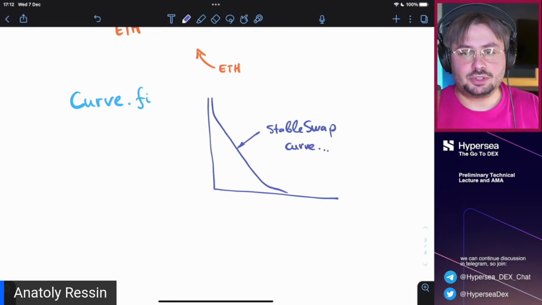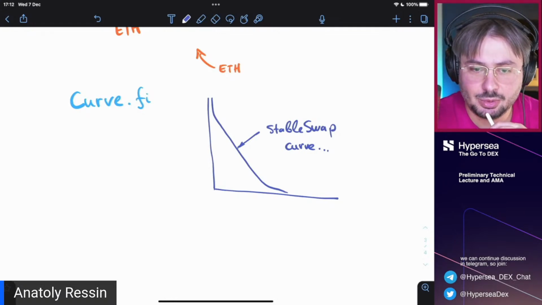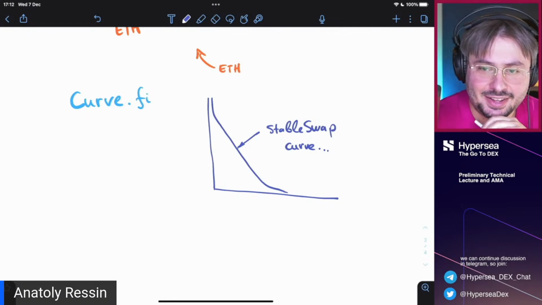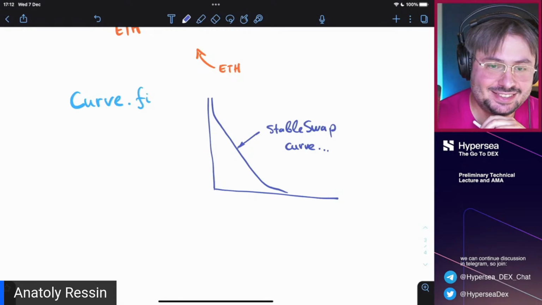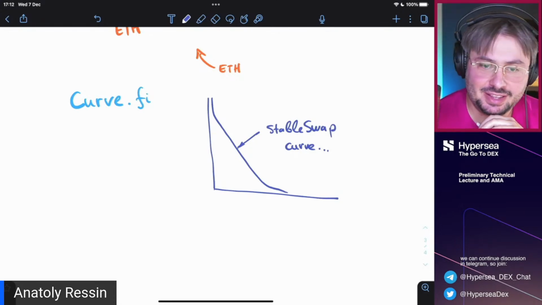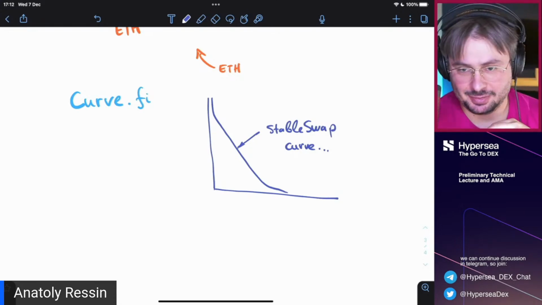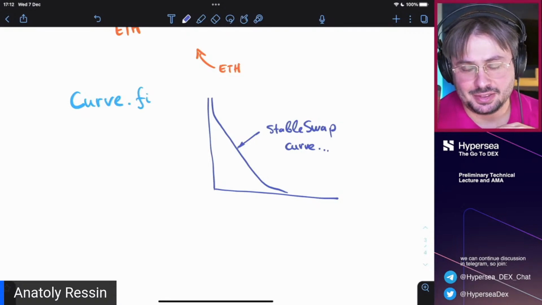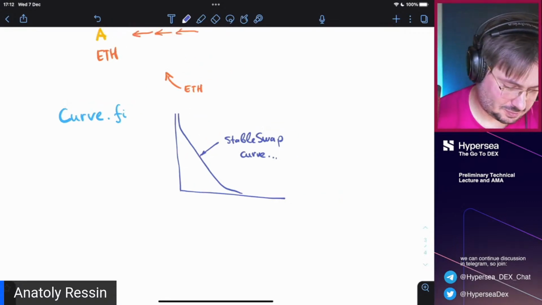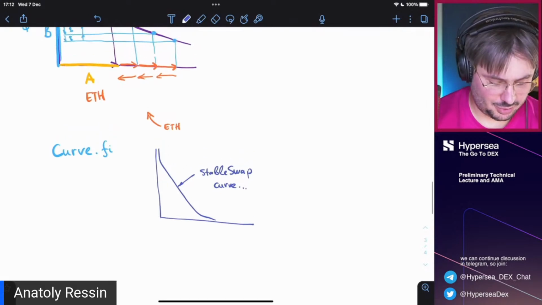And we will show that we can implement things that are even better than the stable swap for stable coins.